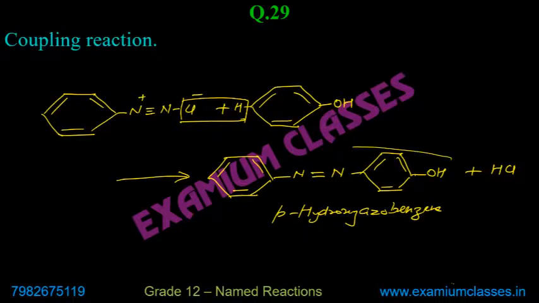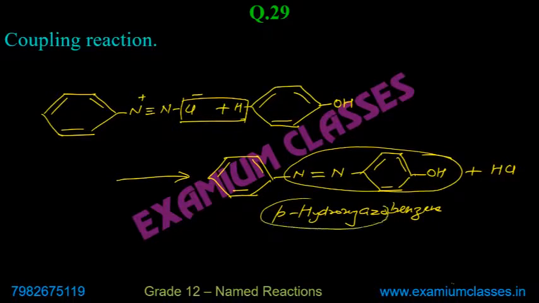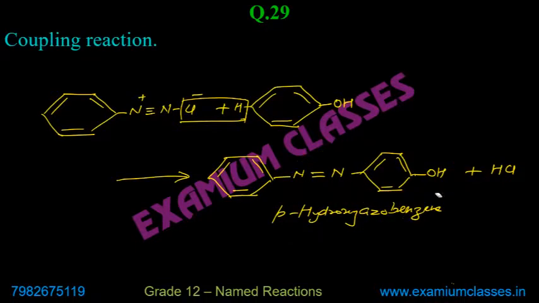In total, this became para hydroxy azo benzene. Yes, this is orange dye. Correct, Karthik and I.